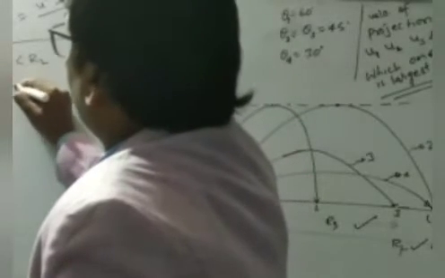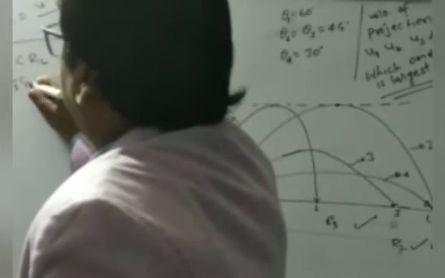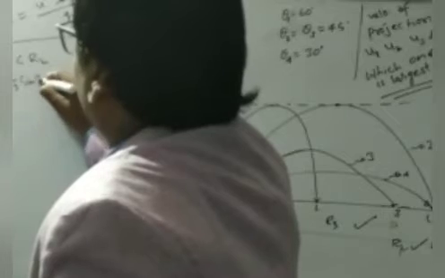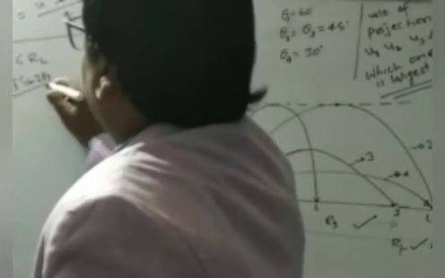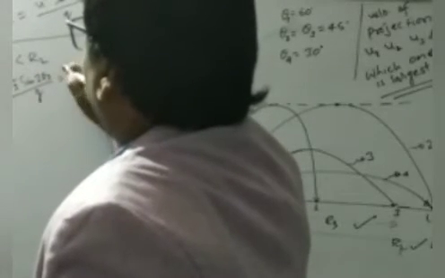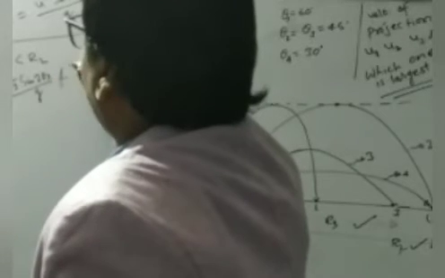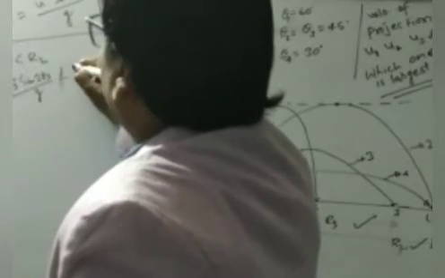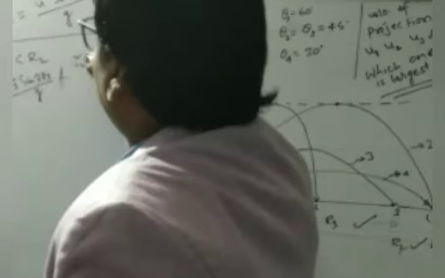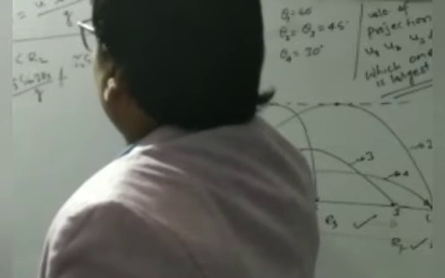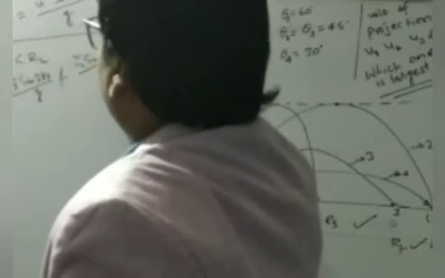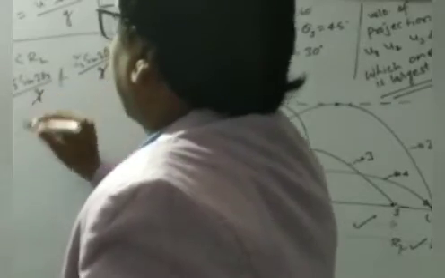That means u3 square sine 2 theta 3 by g must be less than R2. R2 is u2 square sine 2 theta 2 divided by g, and g will cancel.